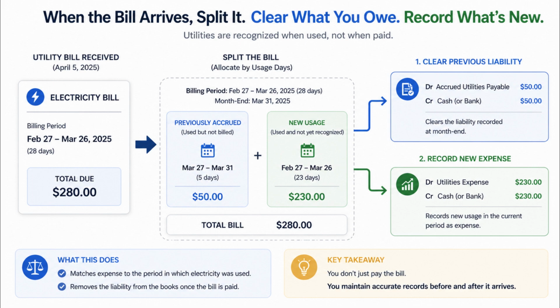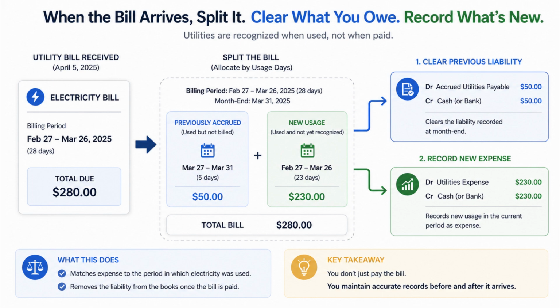So when the bill finally arrives, it contains two things: what you already accrued and new usage since then. So your entry in your personal financial operating system or in your journal is going to be, you're going to debit your utilities expense, you're going to debit your accrued utilities payable, and you're going to credit your accounts payable.